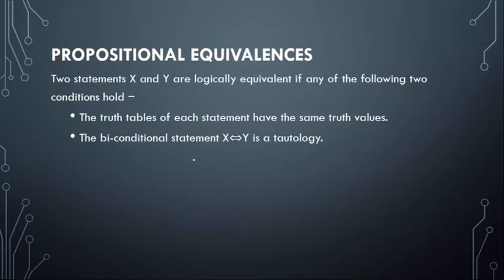Even if the first proposition and the second proposition are different, if the return values are the same, that means they are propositionally equivalent. Another condition is that the biconditional statement of those two propositions is a tautology. So if for those two propositions, the return values are all true.